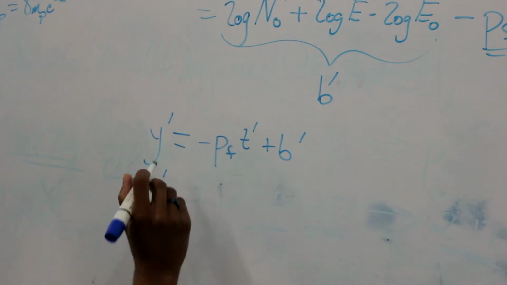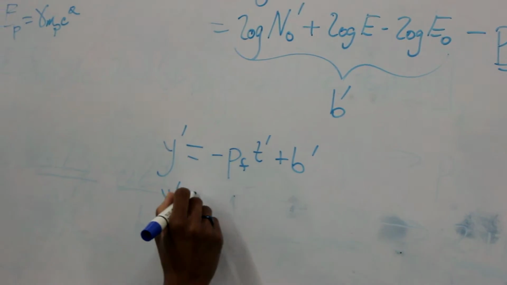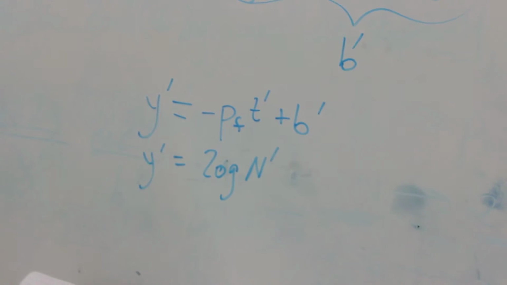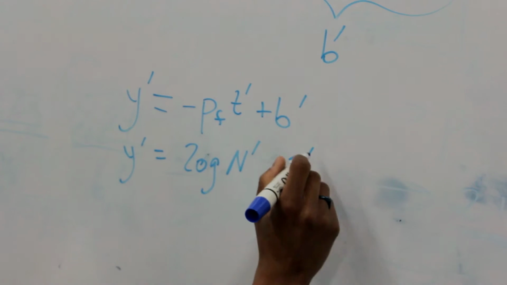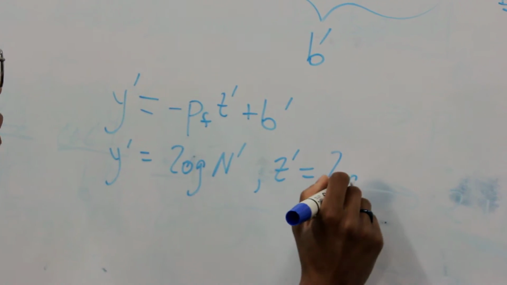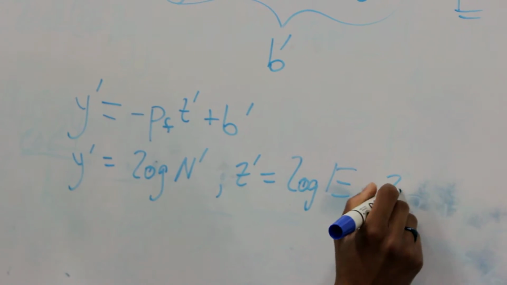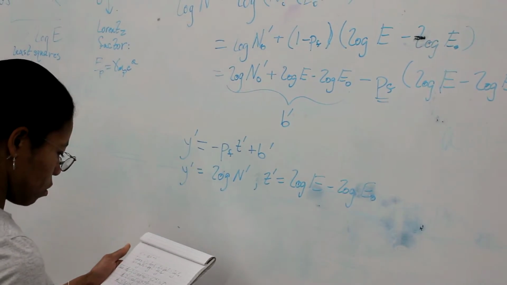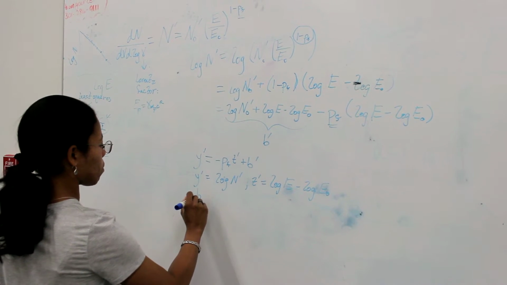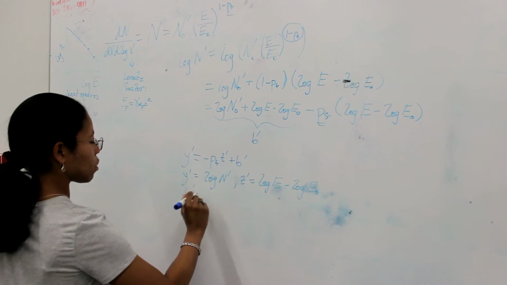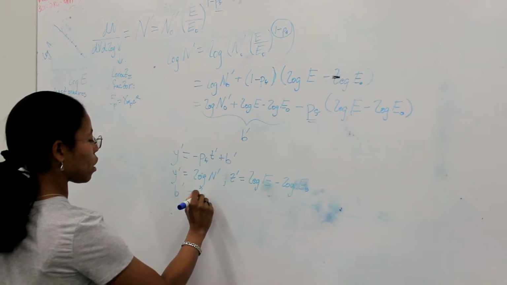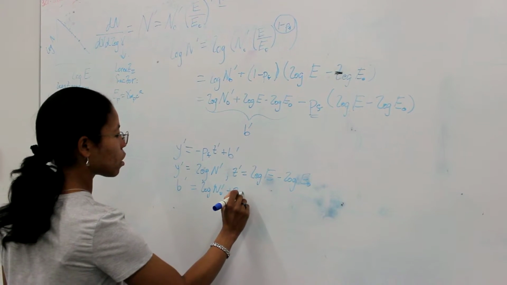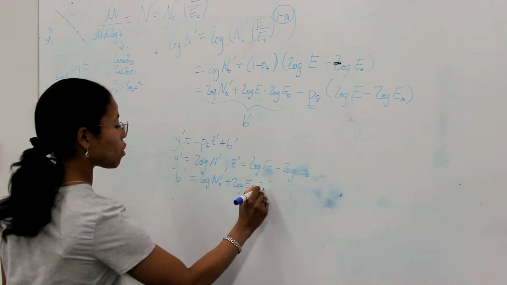I will define these things. Y prime is equal to log n prime. T prime is equal to log of E minus log E naught. And like I said, b prime is log n naught prime plus log E minus log E naught.